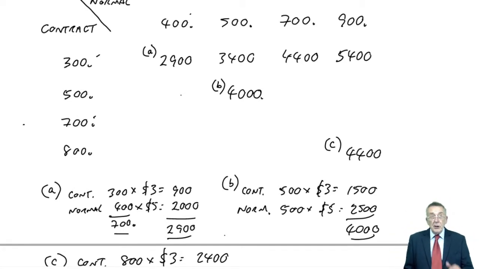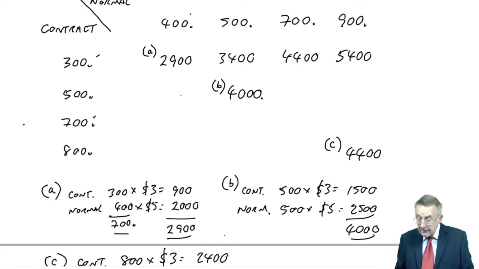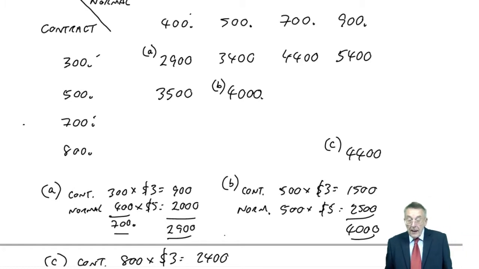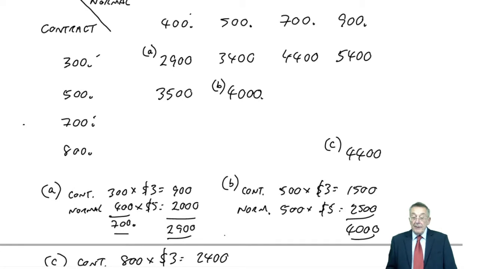If we contract 500, we're getting 1,500 from the contract, together with 400 at $5, 2,000. So in total, we'll get 3,500. We've already calculated earlier that if normal wants 500, it's 4,000.